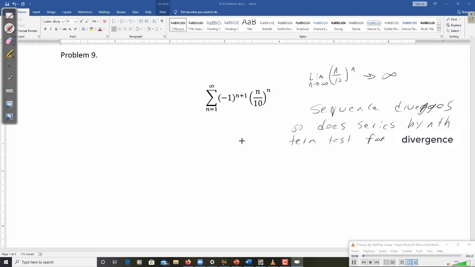It doesn't tell you anything about convergence, it just says divergence happens certainly when the sequence does not go to 0. It might happen other times, but certainly if it goes to something other than 0, either infinity or a finite number that's not 0, the series must diverge in that case.